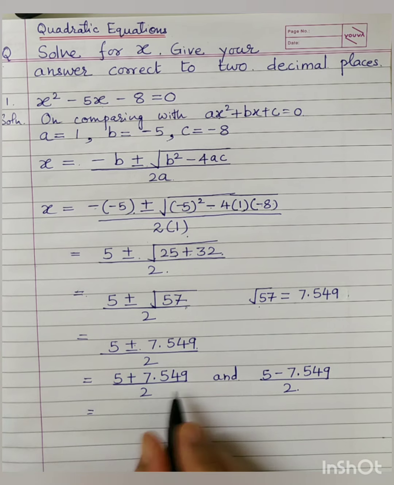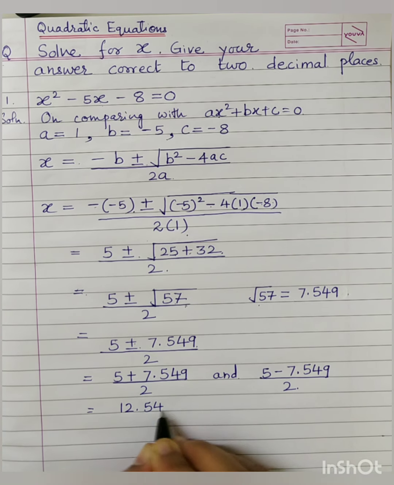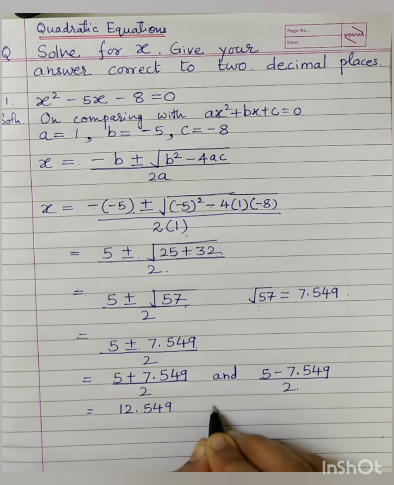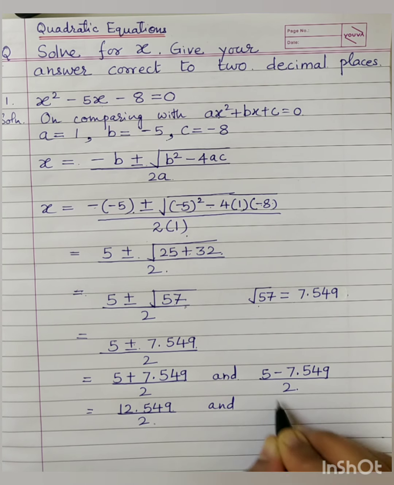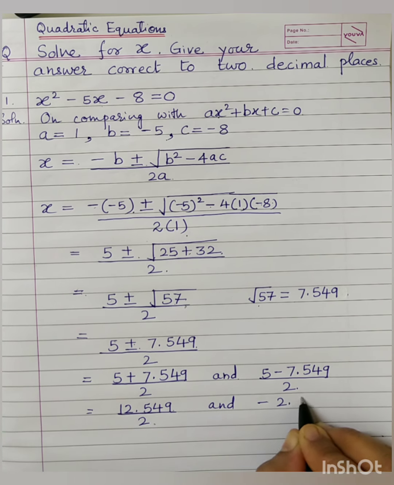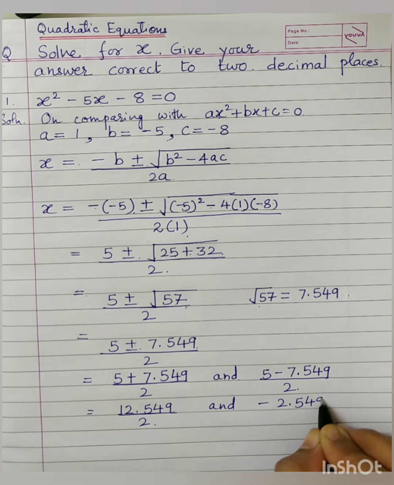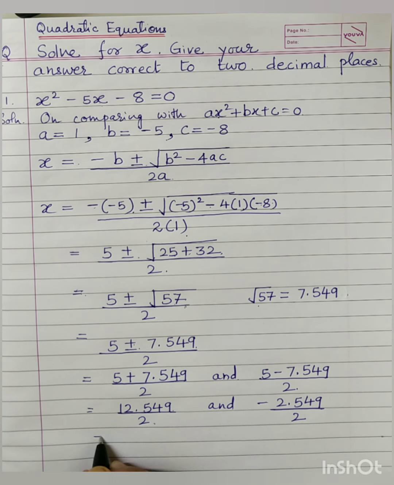This is 5 plus 7, 12.549 upon 2, and this will be minus 2.549 upon 2. Now divide it by 2.